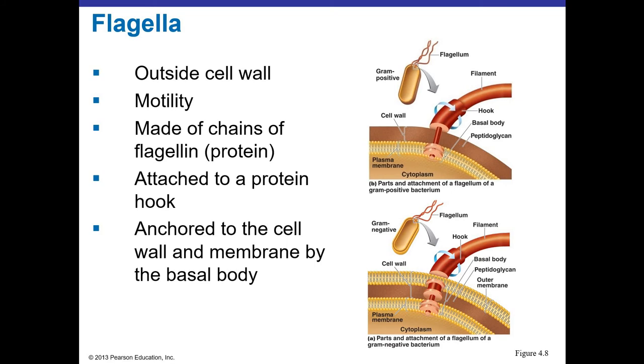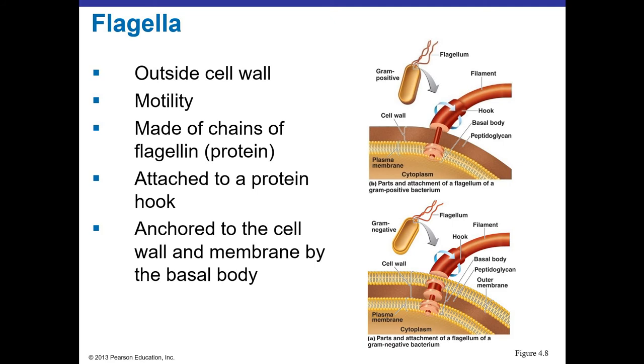If we look at the pictures to the right-hand side, we see the top figure is of a gram-positive bacteria, and we see that it has what are referred to as basal bodies, two basal bodies for the gram-positive to help it anchor into the plasma membrane as seen in figure B. The bottom one, which is the A figure, is for a gram-negative bacteria.